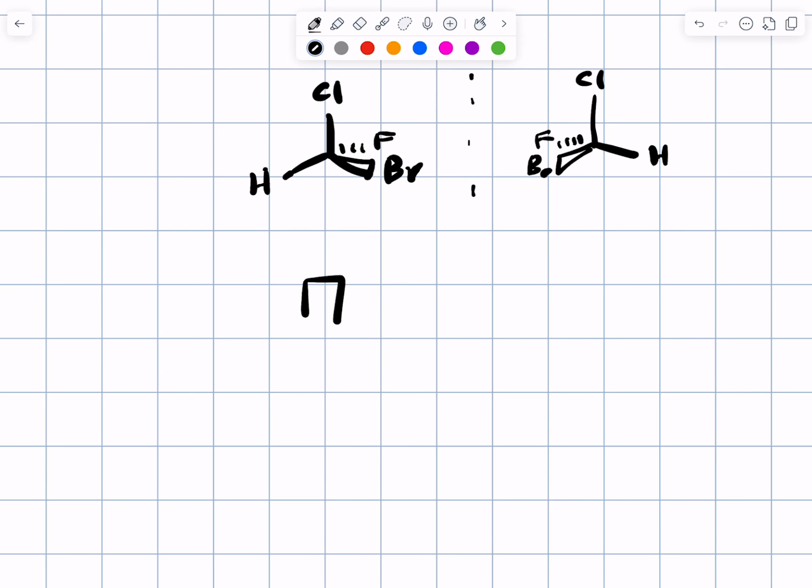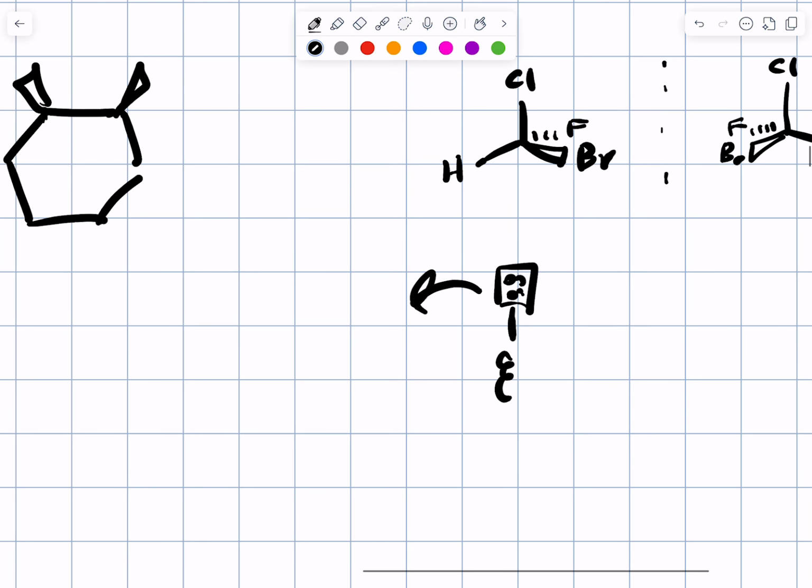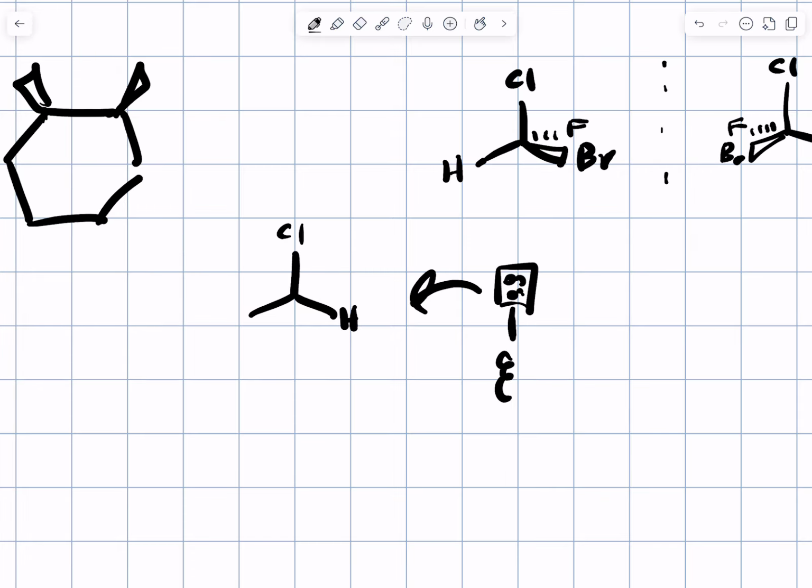If I instead pancake flipped the molecule on the left, what I would end up with is something like this. Sorry, I did that totally wrong.